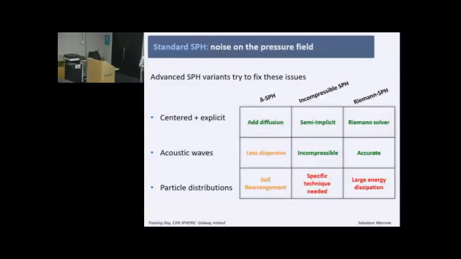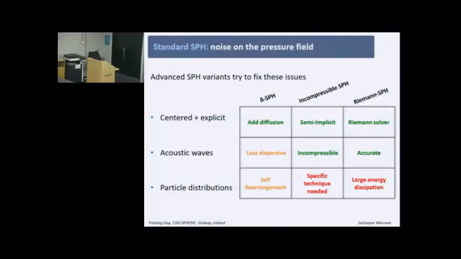Now it's interesting to see how the different variants address this kind of problem. For example, I put here just three of the most popular variants: the Delta-SPH, the incompressible SPH, and the Riemann-based SPH.